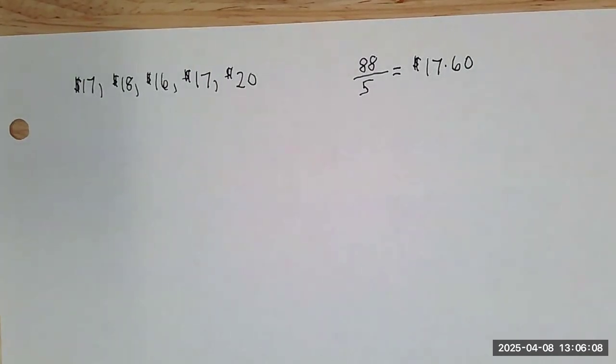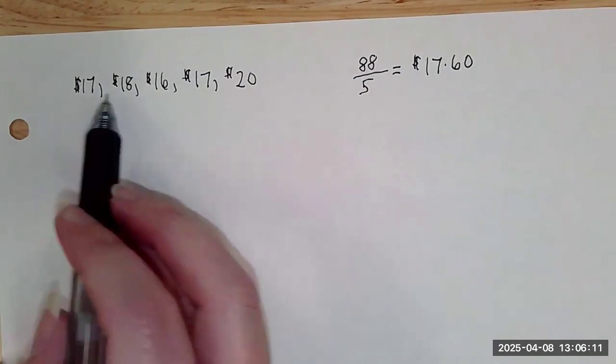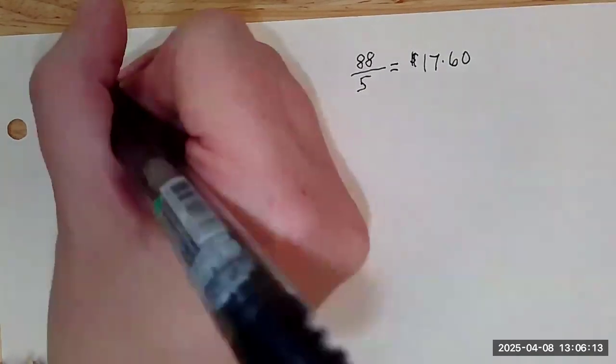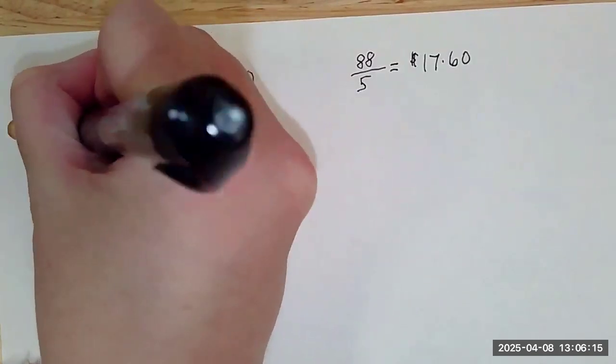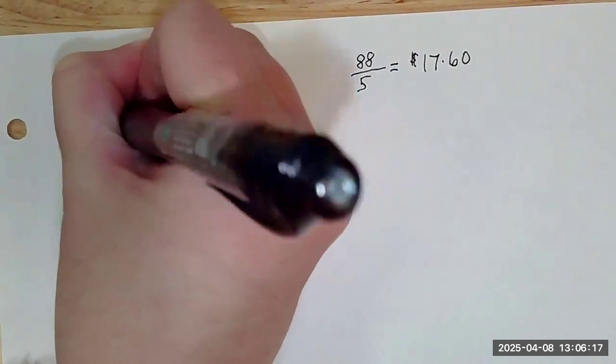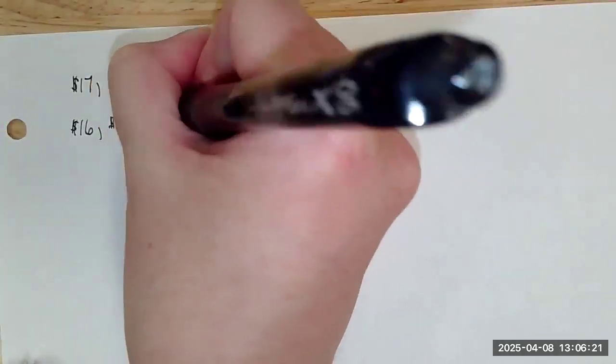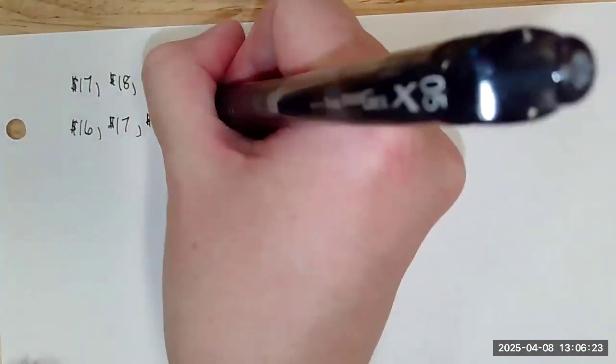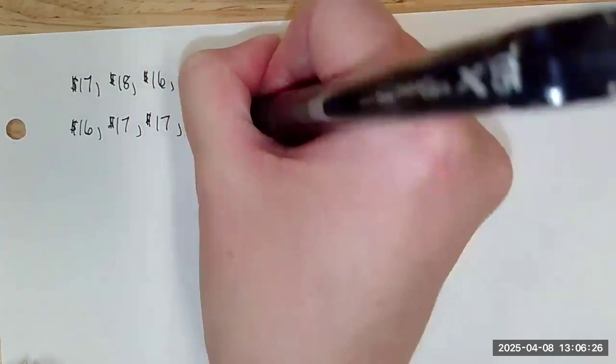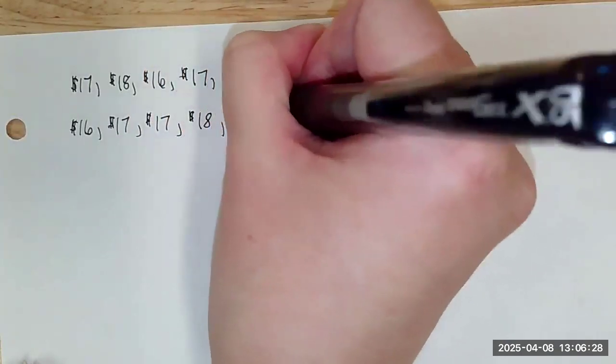Okay, now here's another thing I could have done. I could have listed these from least to greatest. So I could put the 16 first, and then the 17, and then we had another 17. And then we have an 18, and then 20 was the biggest.